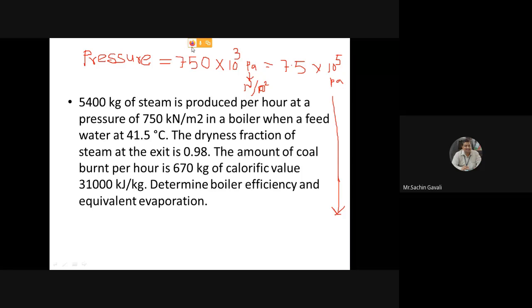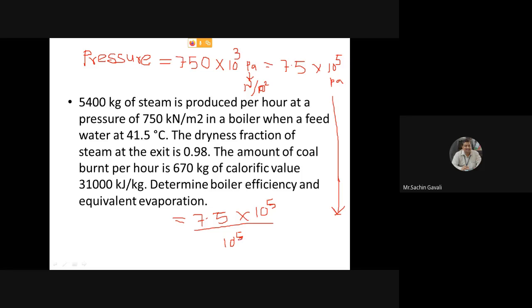So this 7.5 into 10 raised to 5 Pascal, divided by 10 raised to 5, gets cancelled and we get the answer, 7.5 bar. So this pressure is now 7.5 bar.